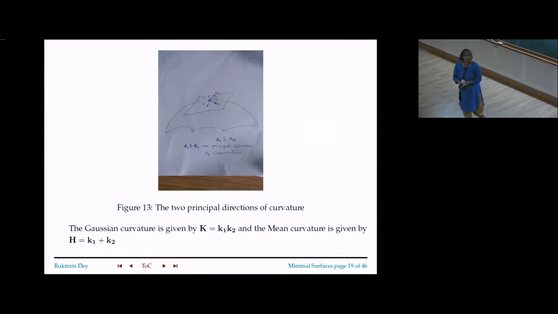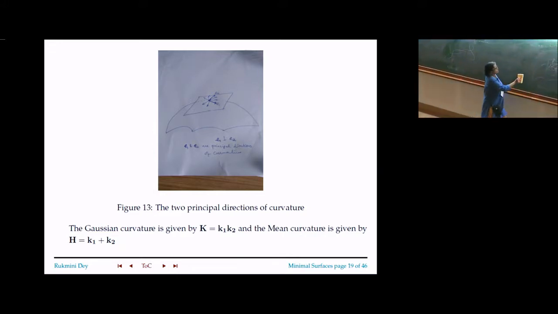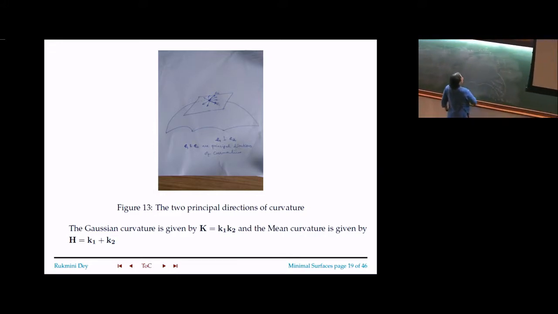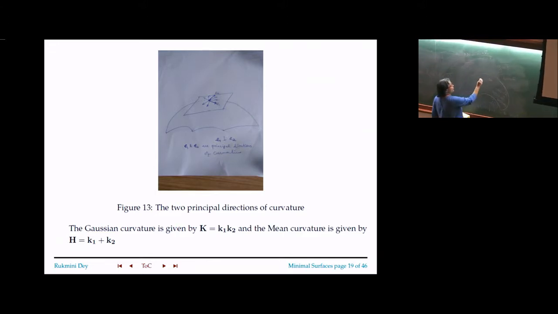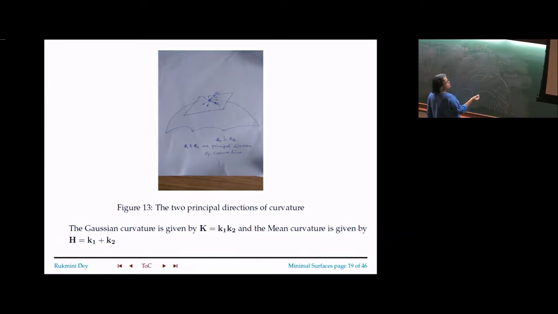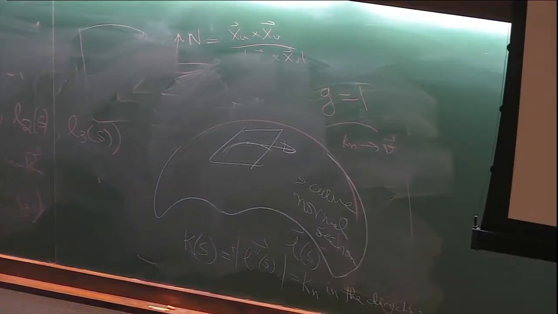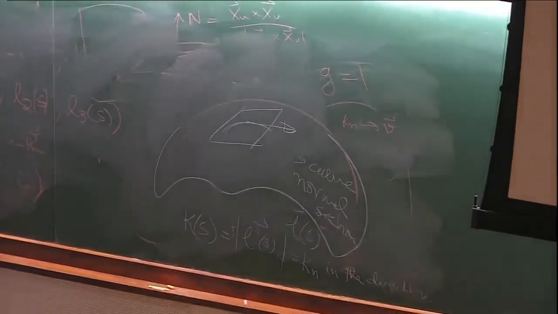It doesn't matter. What turns out is, in fact, you can also ask, there are many curves. So given a surface and if you're given a direction in the tangent plane at that point, there are many curves which are tangent to that. So there are many possibilities, right?